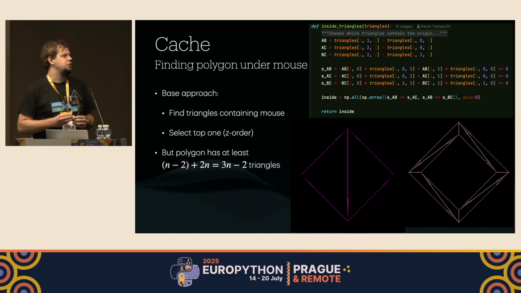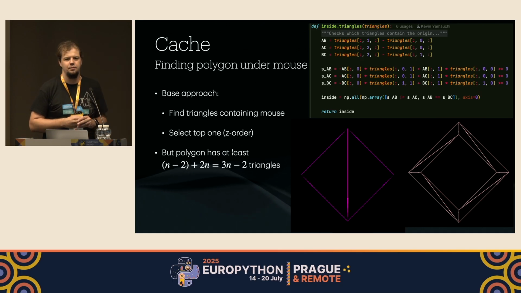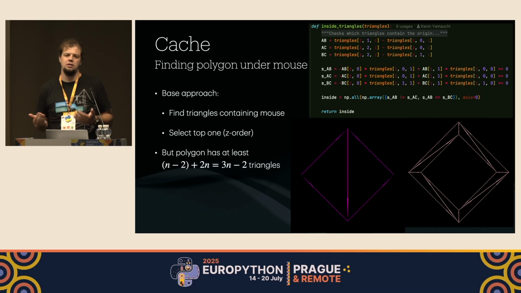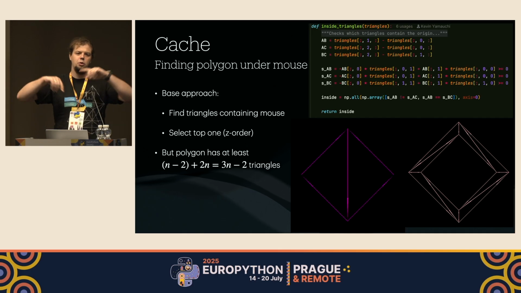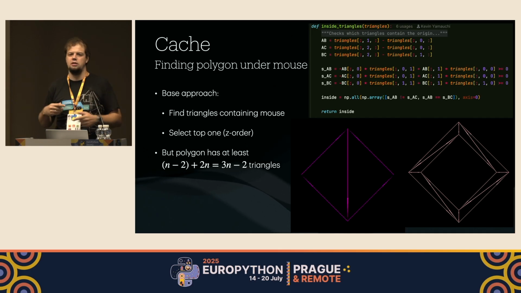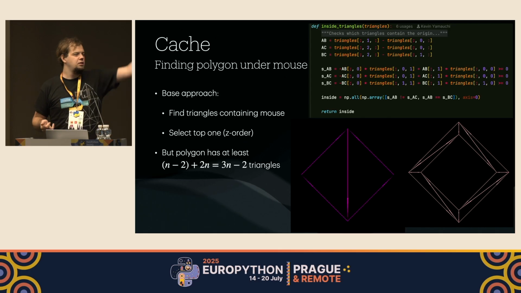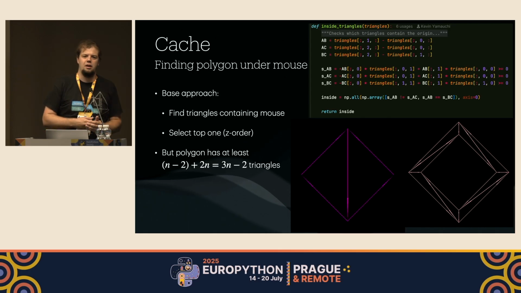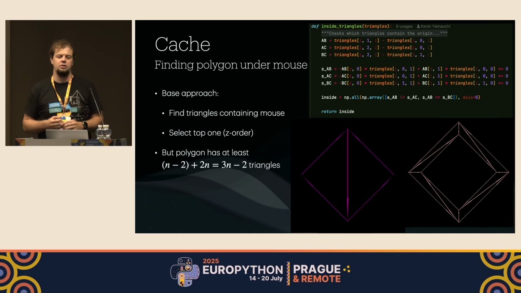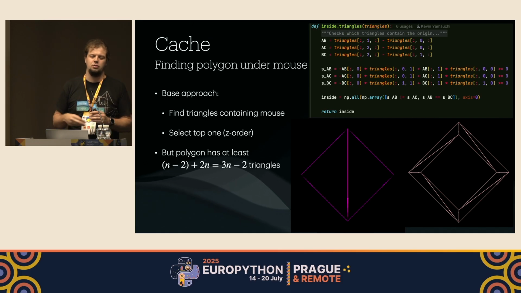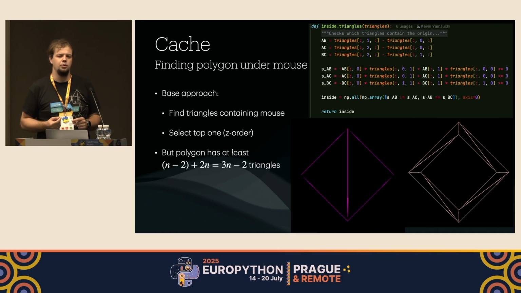Okay, so caching. We need to find which polygon is under the mouse to show the information to the user, because he needs to have information about what the polygon represents, what additional data is connected to it, and so on. There is a really nice algorithm which is really fast, parallelized, and vectorized in NumPy, which checks, given an array of triangles, which triangles contain the mouse coordinate.